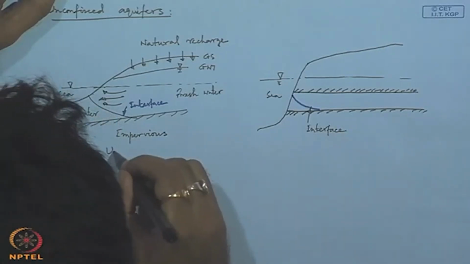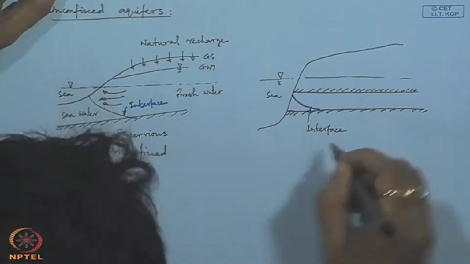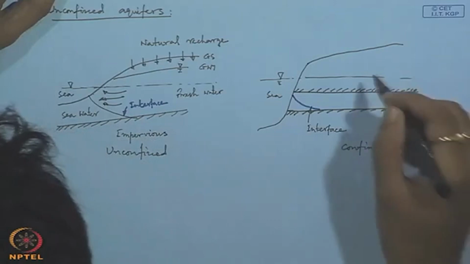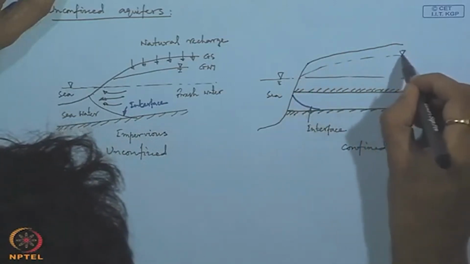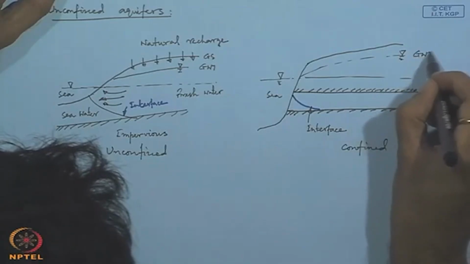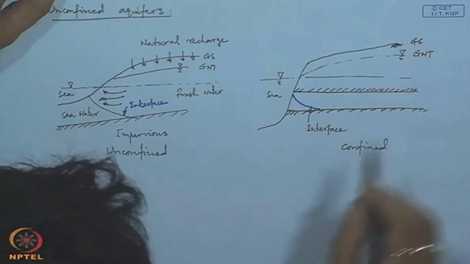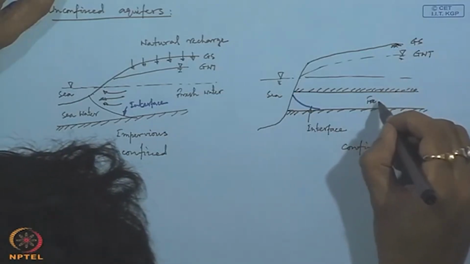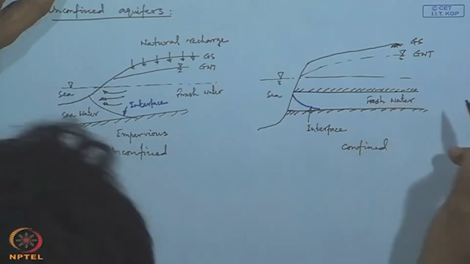This is for unconfined and this is for confined aquifers. Again this is groundwater table and this is ground surface. We have fresh water here.